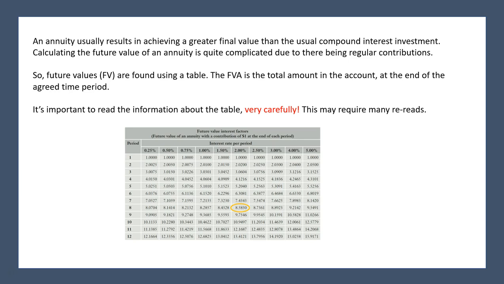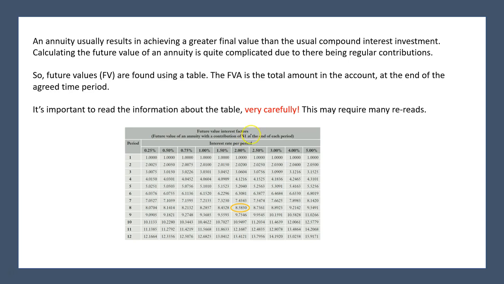If you look at this example we've got here, it's going to give me the future value. Interest factor is just a number I'm going to take and multiply. So it's talking about the future value. Now, it's the future value of an annuity with a contribution of $1.